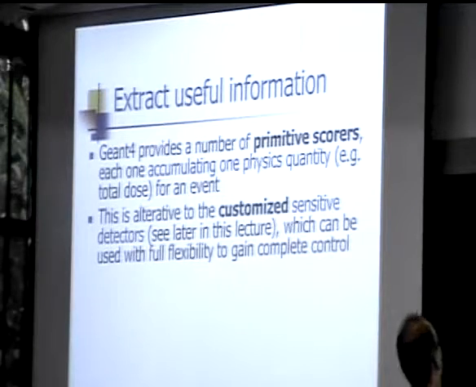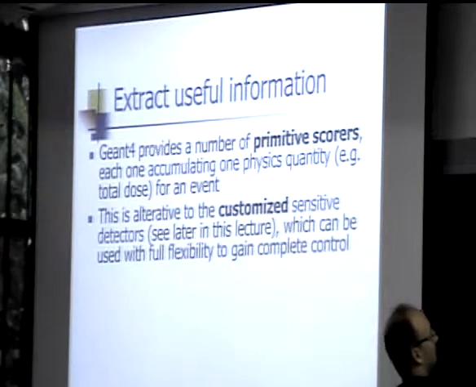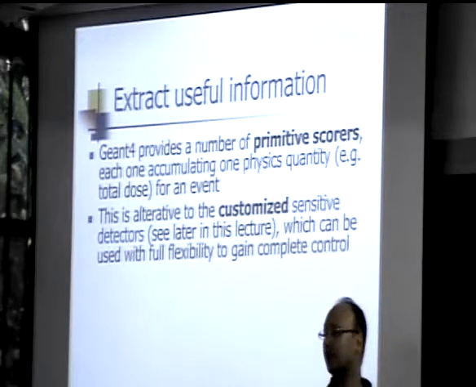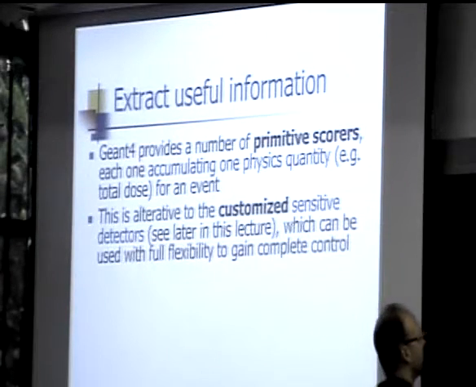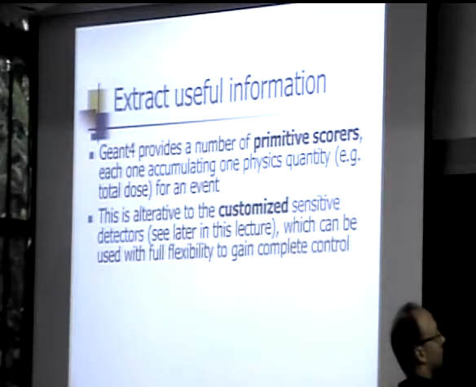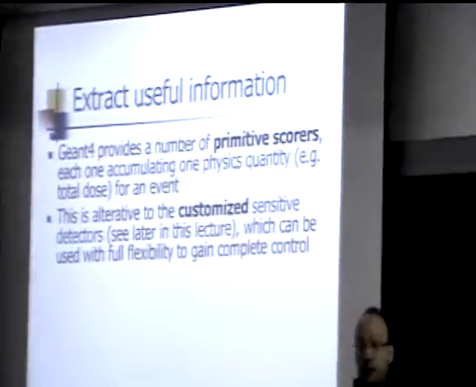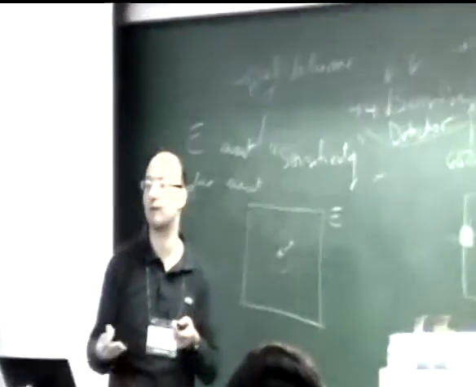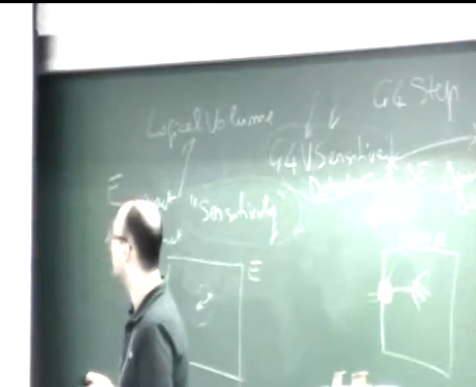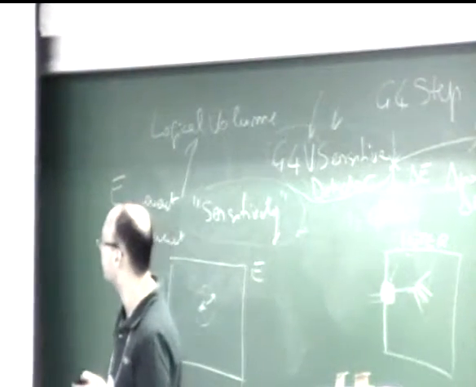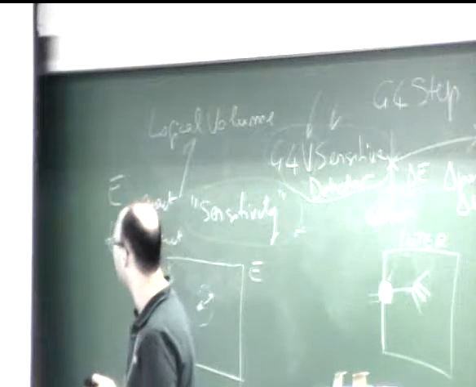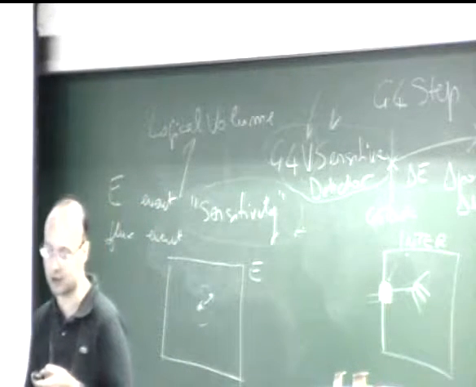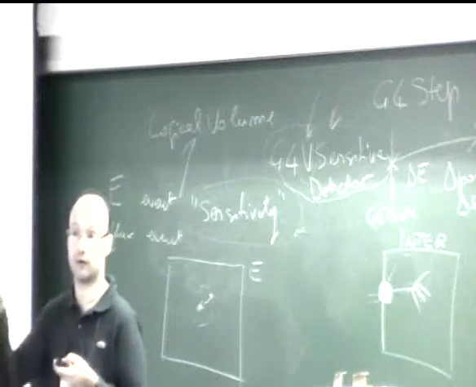So if you need energy per event, that's a fairly general case, and GEANT4 is providing that. If you want flux for each event, it's also fairly general, and GEANT4 is providing that for you. So if your task is easy enough, you can use these GEANT4 ready-to-use tools.